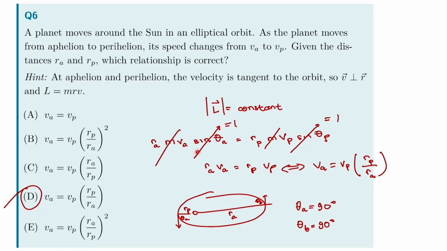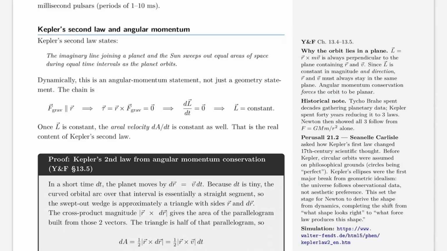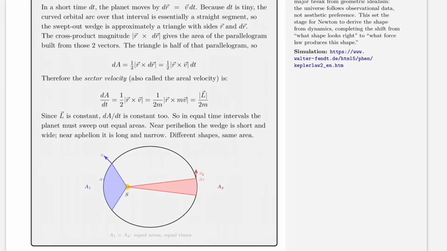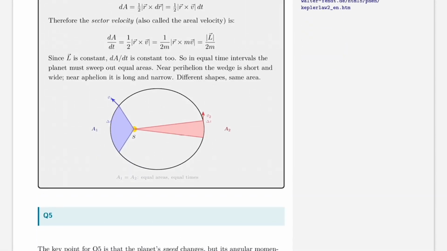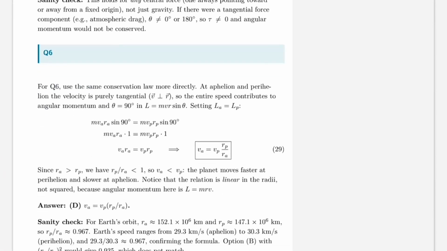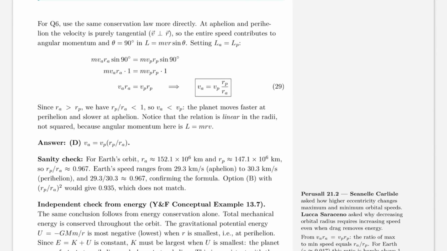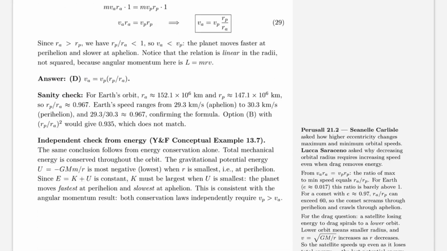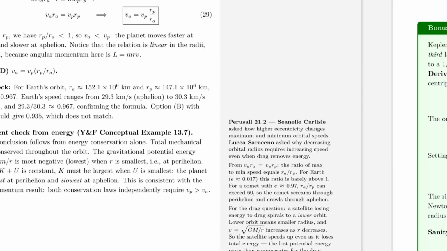Because of that, sine theta A and sine theta P are equal to 1, and that makes the math very simple. So this is the lecture notes right now, and the answer is D. Just want to make sure that I don't miss anything.